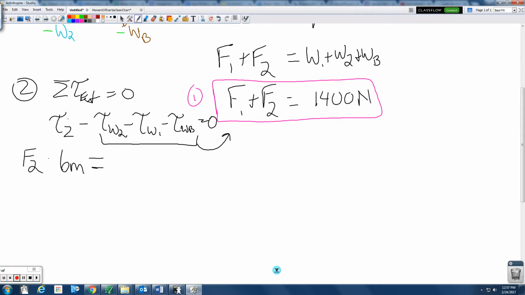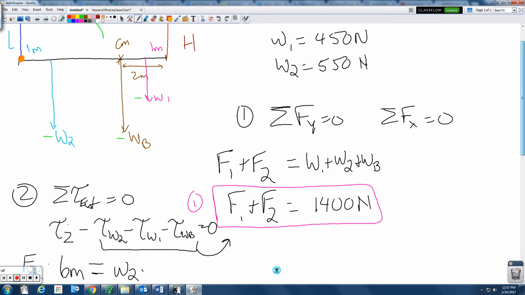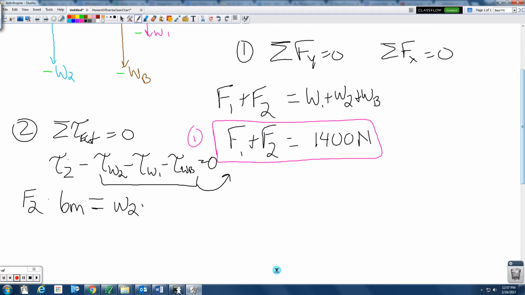Save us a step. So the torque of weight 2 is the value of weight 2 times its radial distance. Where's weight 2 located from my orange axis? It's only 1 meter away. Plus the torque of weight 1, which is weight 1 times its radial distance. Where's weight 1?